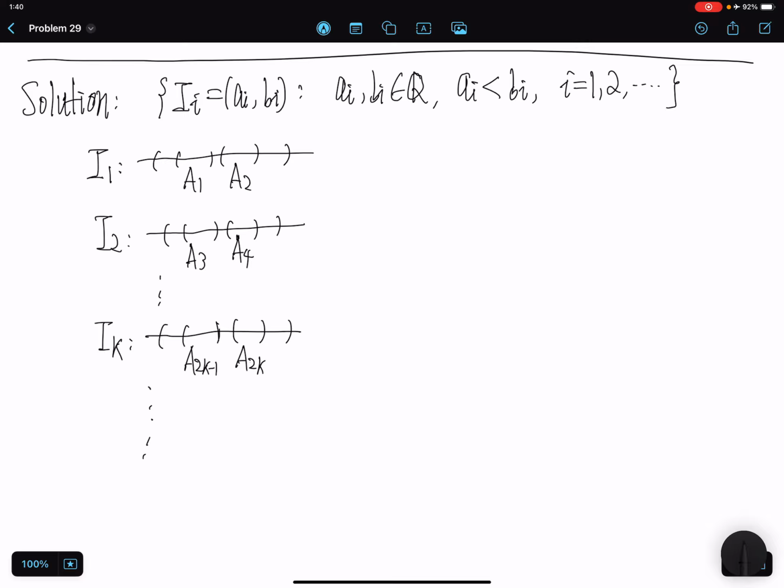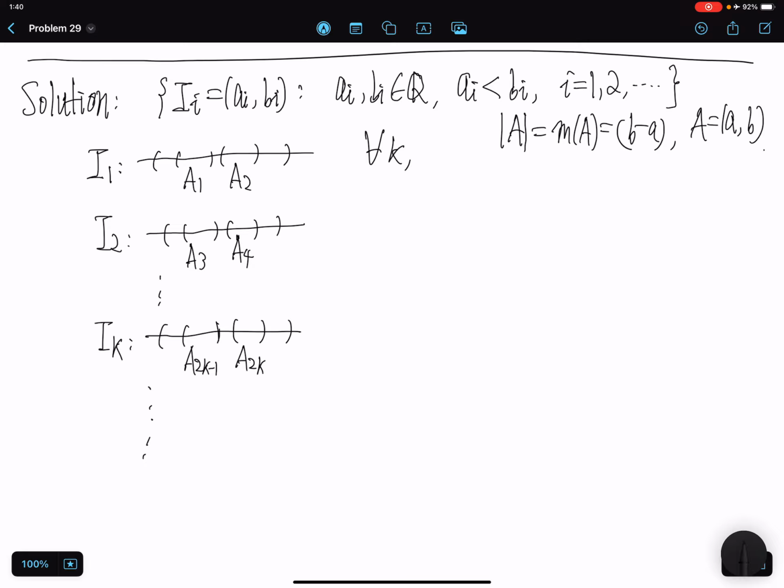The condition we impose on this sequence A sub i: for any k, we use some notation, the absolute value of A, which is the same as the Lebesgue measure of A, which is b minus a, where A is just the open interval (a, b).